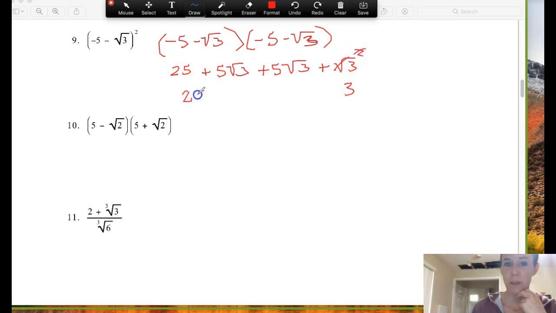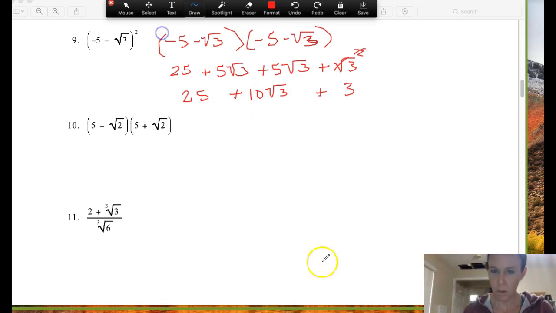So we have 25 plus 3, and 5 root 3 and 5 root 3. That makes 10 root 3's. They are identical terms, so you can combine them. 25 and 3 is 28, plus 10 root 3. And you're done.